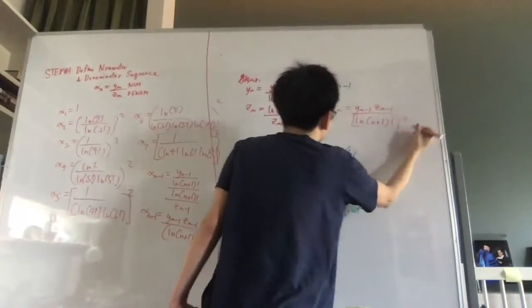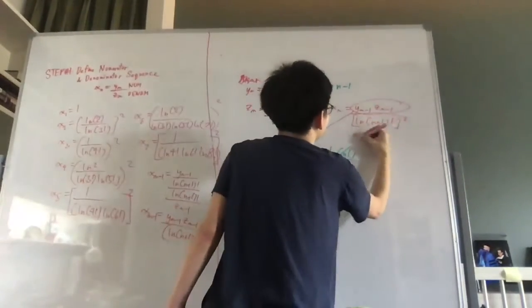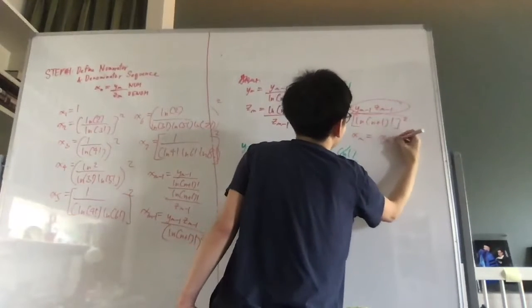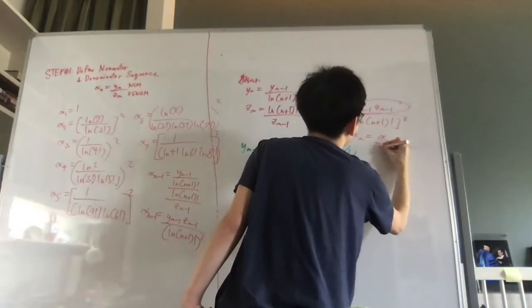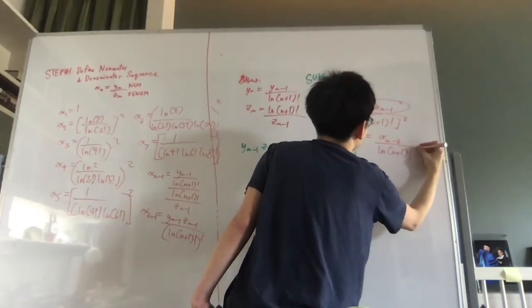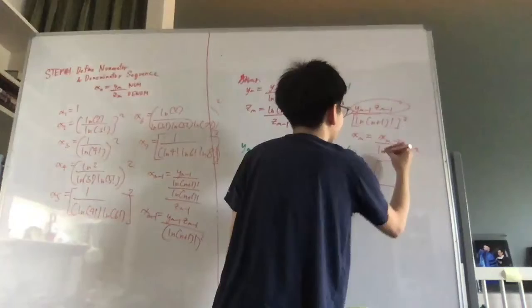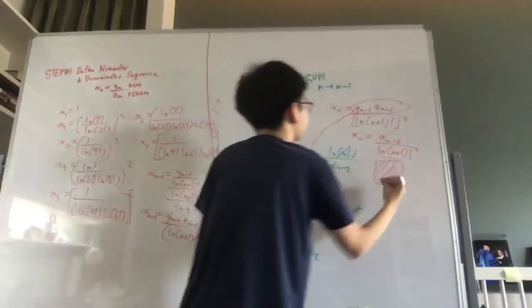Remember the flipping. And now we have this right over here. So x_n equals x_{n-2} divided by (ln(n+1) factorial) squared. And we have solved our recurrence relation. We are done for step 2.